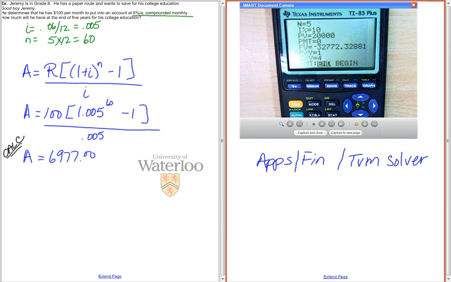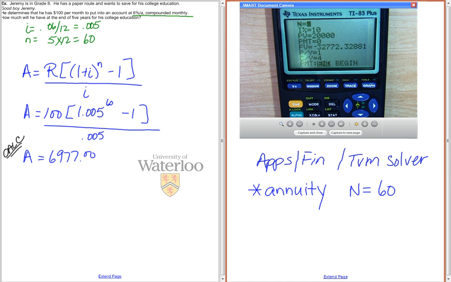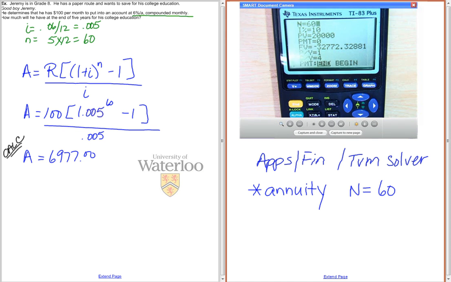This is where it's a little bit different with an annuity. We don't put n as the number of years. N is the number of compounds. So we're going to put a 60 in for n. Make a star there because it's different for annuities. 60 is the number of times they're going to compound his interest.